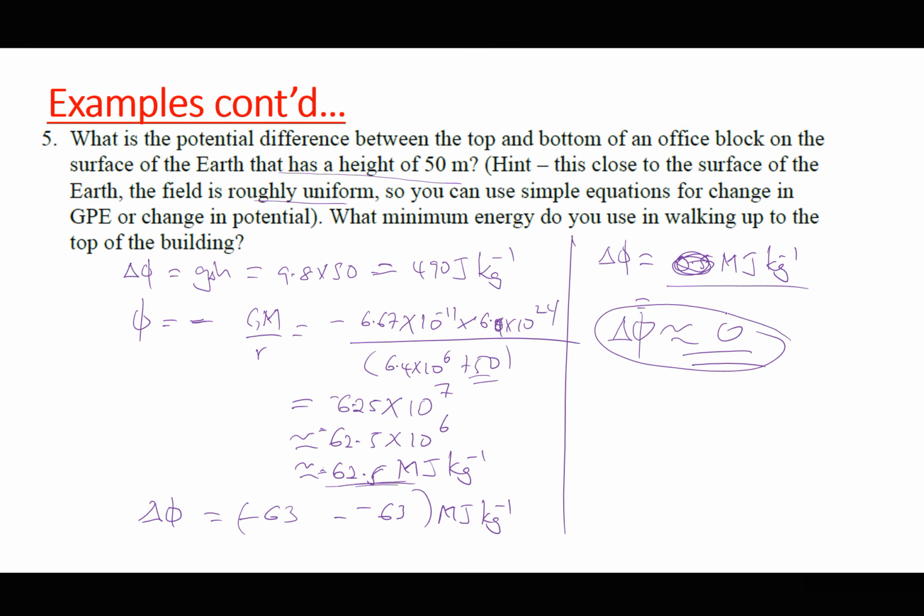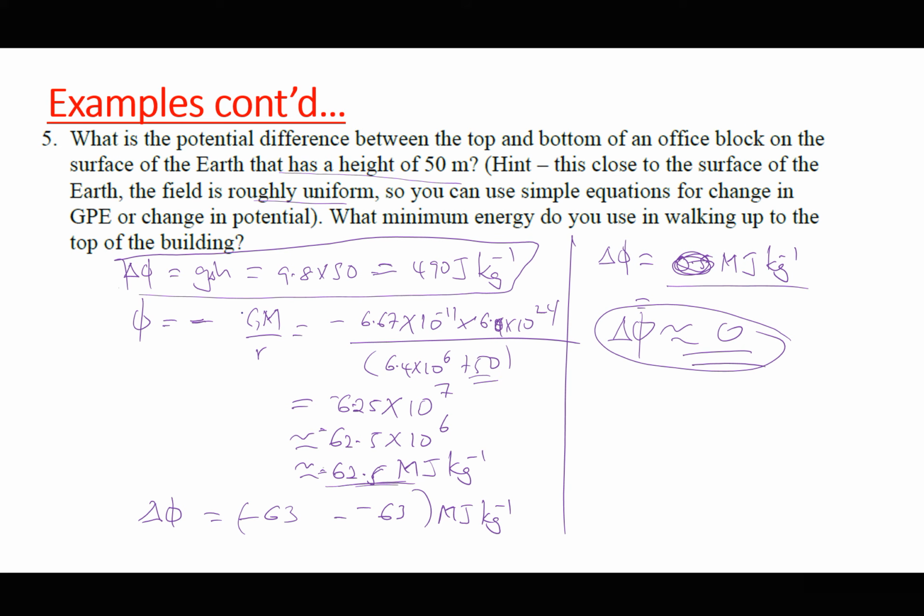That means your weight will not change significantly when you move from just the surface of the Earth to a certain height. But that does not mean that there is no change in potential. With infinity as the reference point, when you move to a height of 50 meters, for example, the change in potential is very, very small and almost negligible, but it doesn't mean that there is no change in potential.